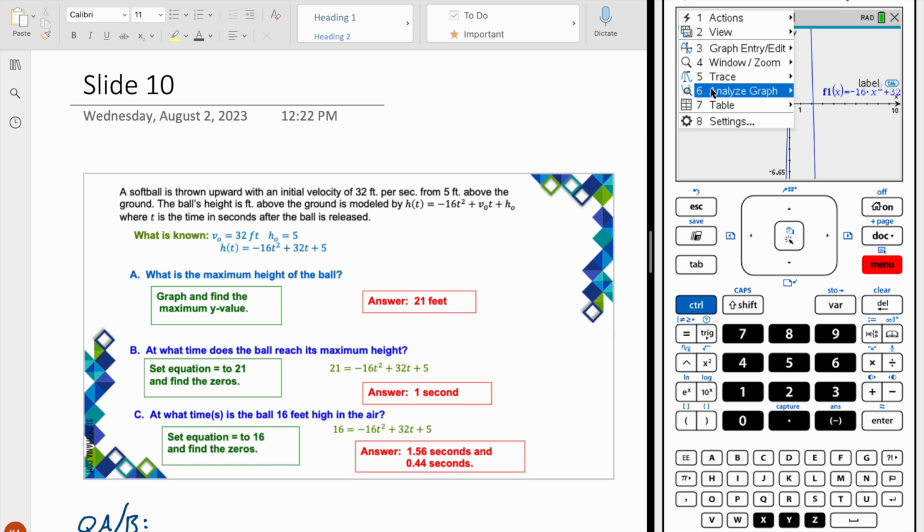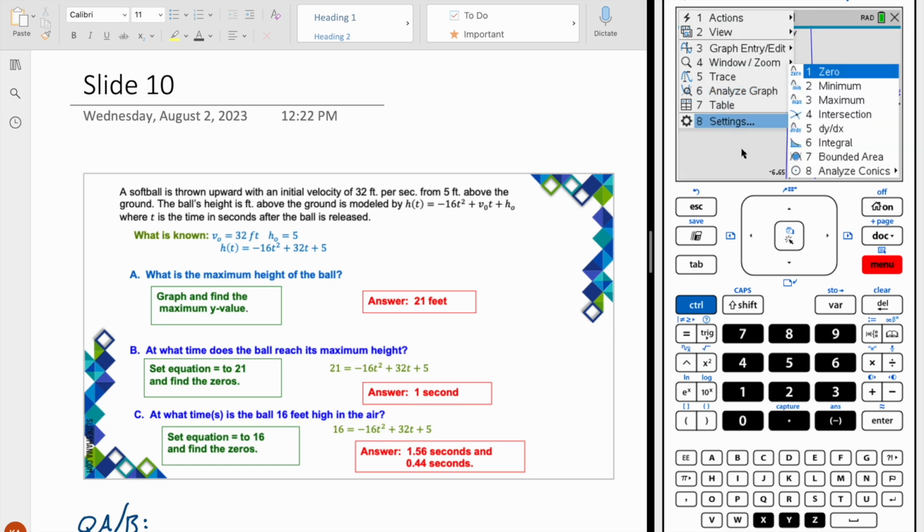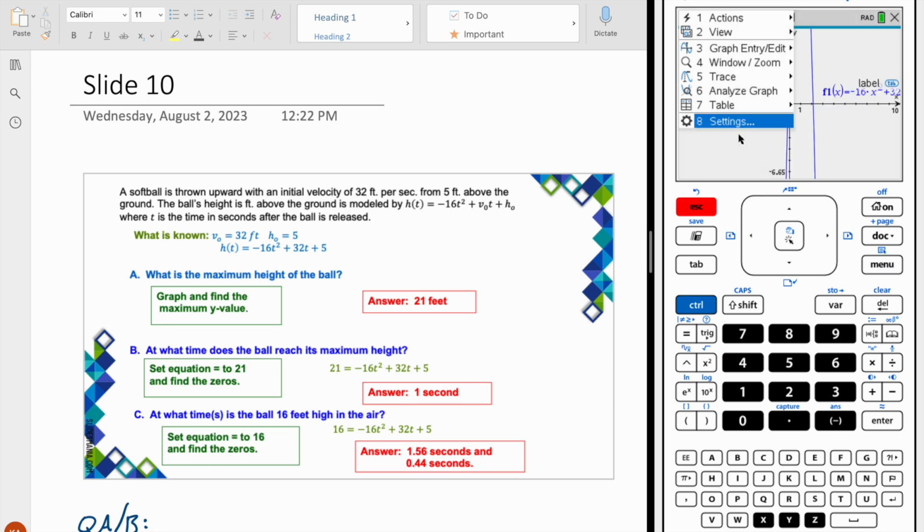As you start looking through these menus, I want you to understand that you can hover over each one of these different items and it will show you exactly what you need. You can either click on it using this center button, or what I would suggest, just click the number 6.